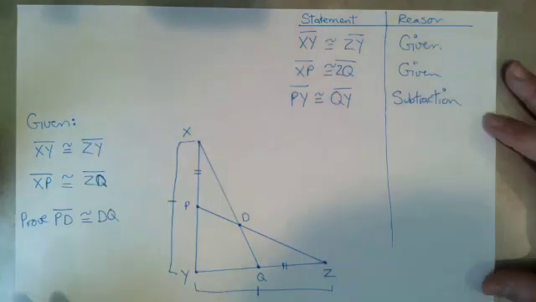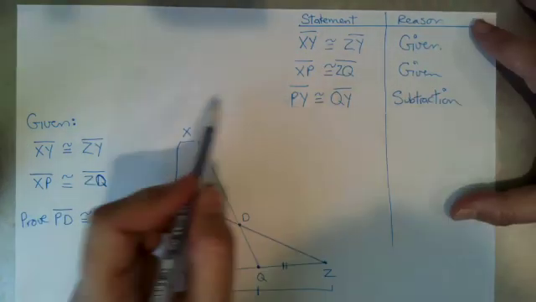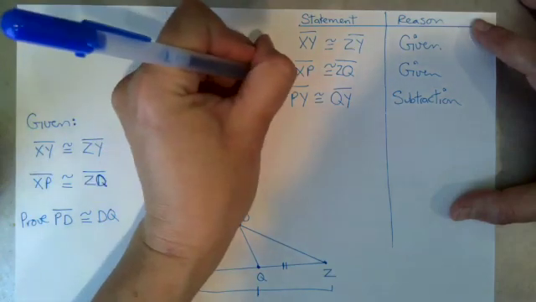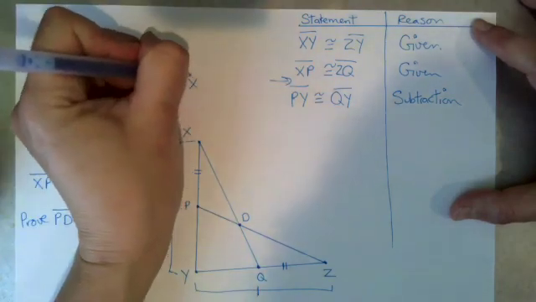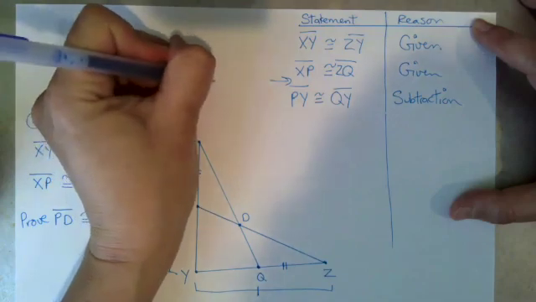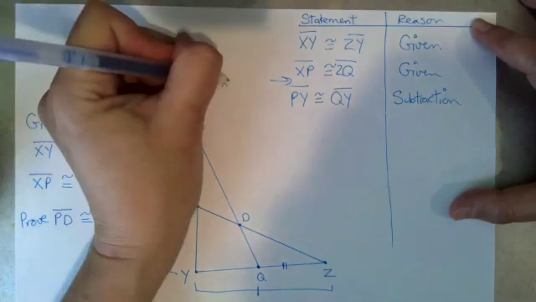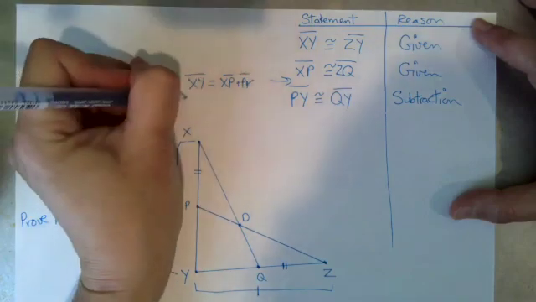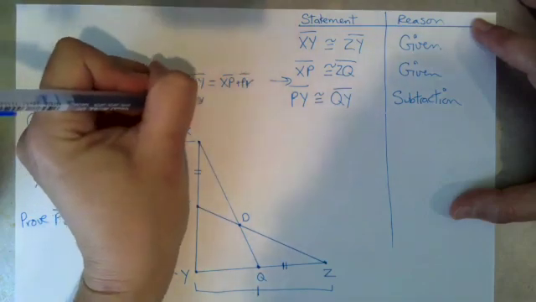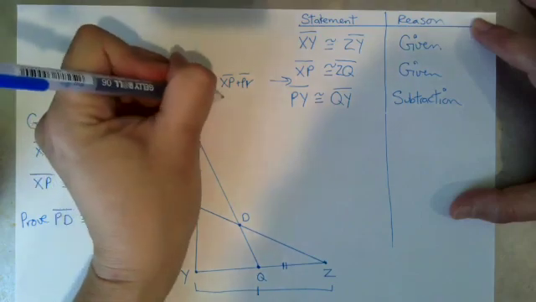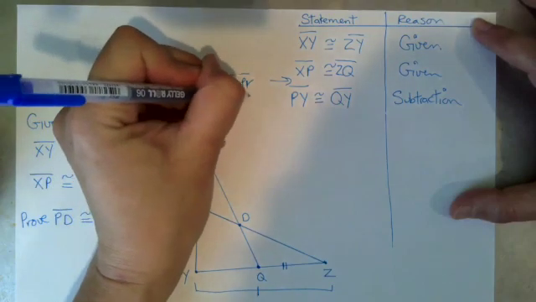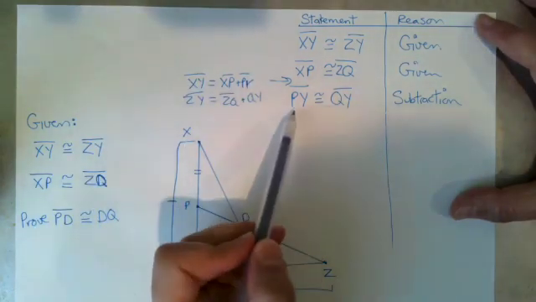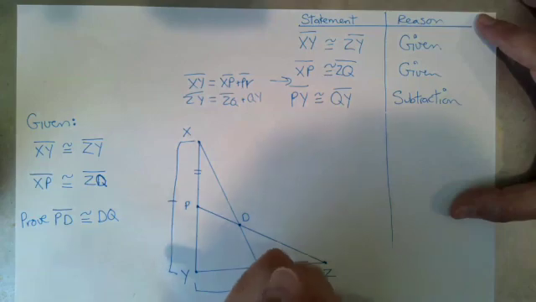Every teacher has their own level of picky, so some people might have wanted you to start off by saying, like, put a little thing in here that says that XY is made up of XP plus PY, and that ZY is made up of ZQ plus QY first, and then state that these guys are equal to each other because of subtraction.